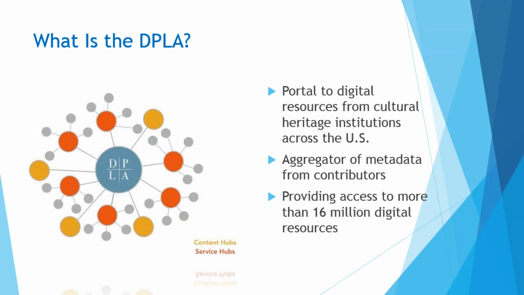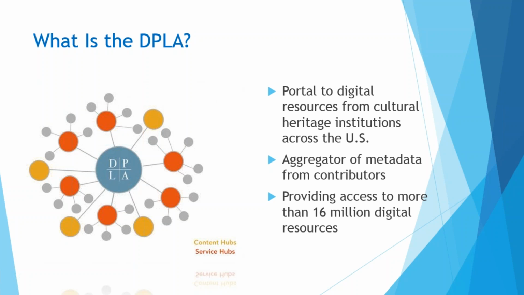It is a portal in that the digital content, like an image or an audio file, is not literally stored by DPLA. It's not in DPLA, but DPLA provides access to the digital content by aggregating metadata so that users can find what they need in one place.